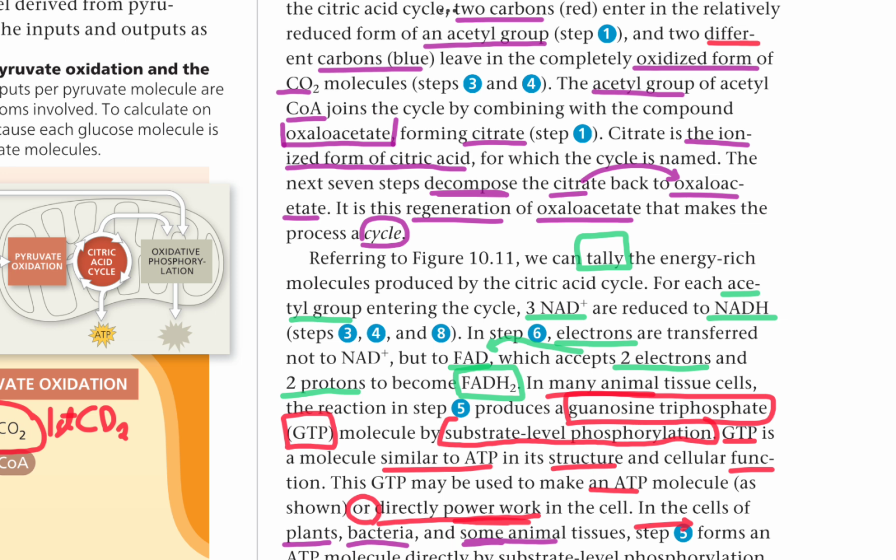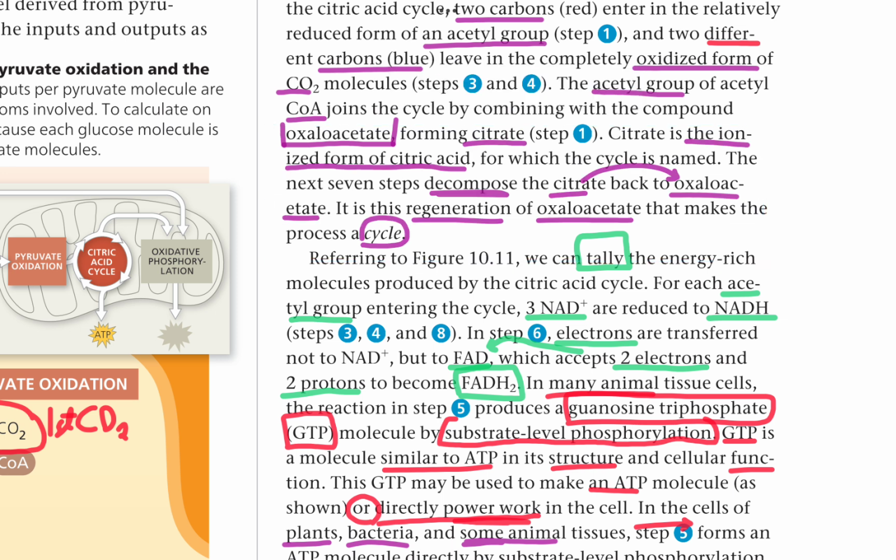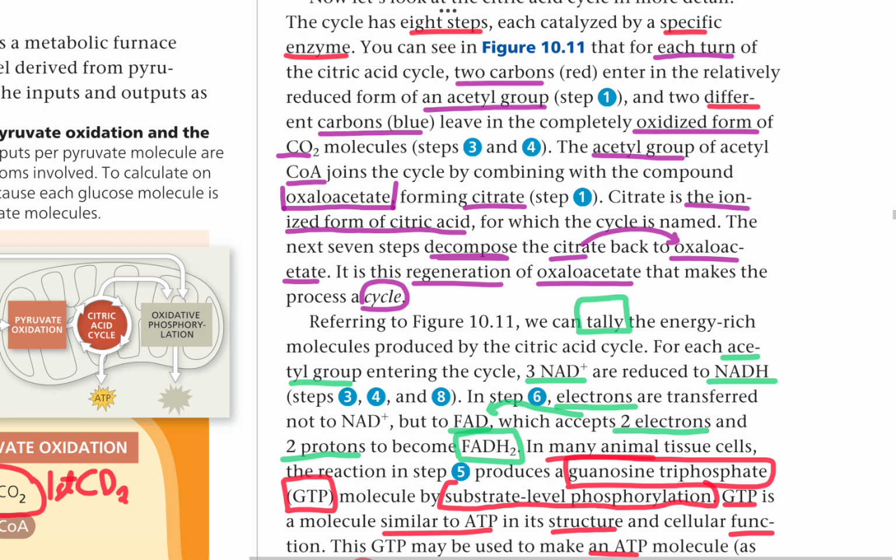What makes it a cycle is that once citrate is formed by combining acetyl coenzyme A with oxaloacetate, oxaloacetate will be reobtained at the end of the cycle, and acetyl coenzyme A will continue to be provided from outside the cycle, and that's why it is a cycle.